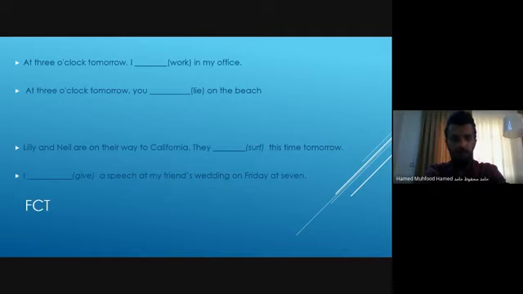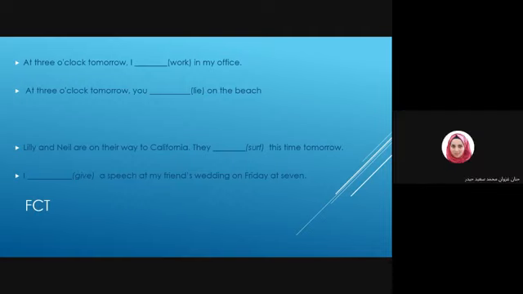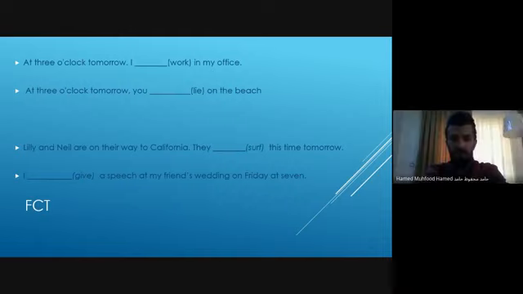The second one, Hanan. At 3 o'clock tomorrow, you will be lying on the beach. Lying, because among the rules for adding ing there are three irregular verbs: lying, dying, tying. Yes, that's right.